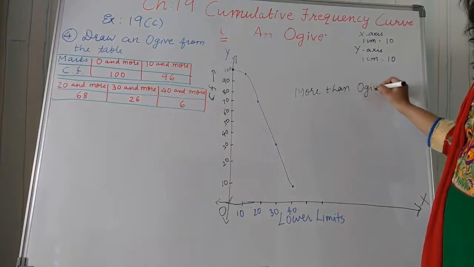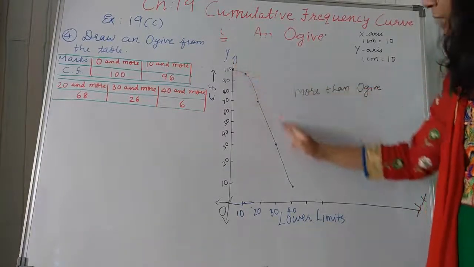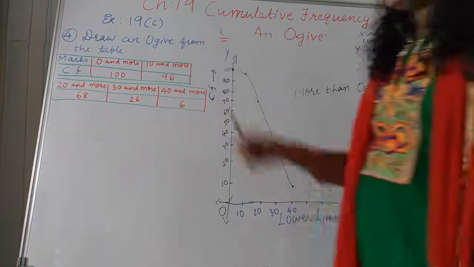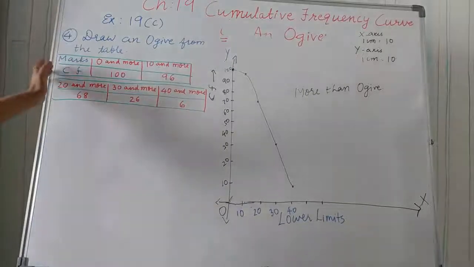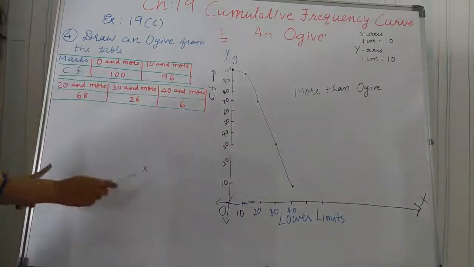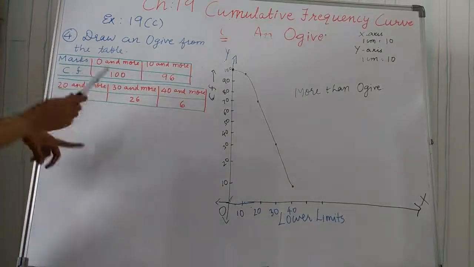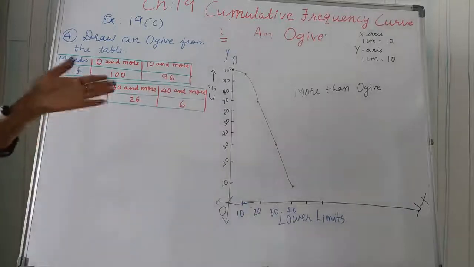So students, you all have to understand that in the more than type, it is always from up to down. If in the question you are not given cumulative frequencies directly, only the frequencies are given, then you need to make the table to get your cumulative frequencies accordingly. That I will explain with one more example.